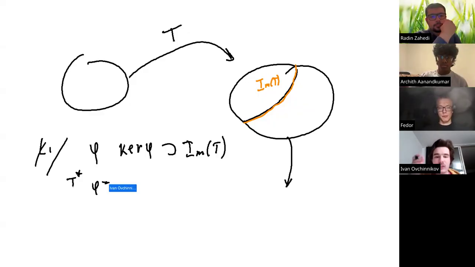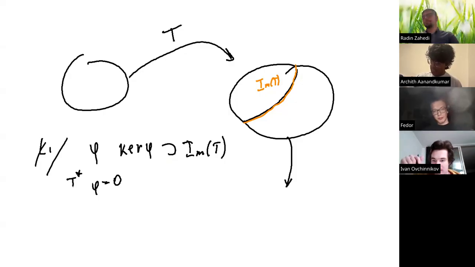And then you can show that for the ones for which this is not true, those get sent to something non-zero. With this idea in mind, you realize that things that get sent to something non-zero are things that send something in the image of T to something non-zero.